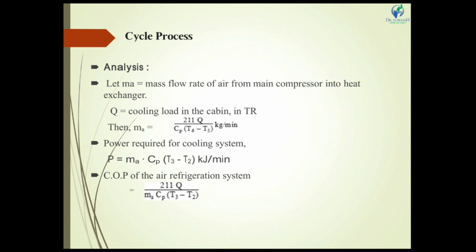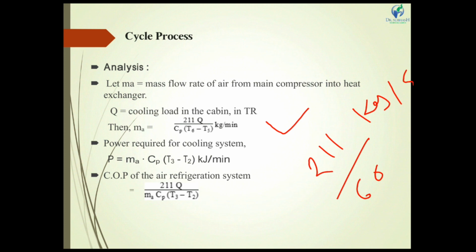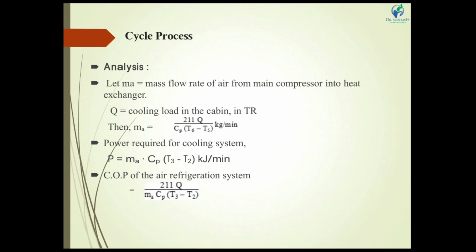Here we put 211 into Q. Dividing 211 by 60 converts the unit from kg per minute to per second, that is, kilowatt. The power required for the cooling system is P equals m·Cp·ΔT, where m is the mass flow rate, Cp the specific heat at constant pressure, and the temperature difference is T3 minus T2, in kilojoules per minute. The COP of this refrigeration system is 211 Q divided by m_a·Cp·(T3 minus T2).